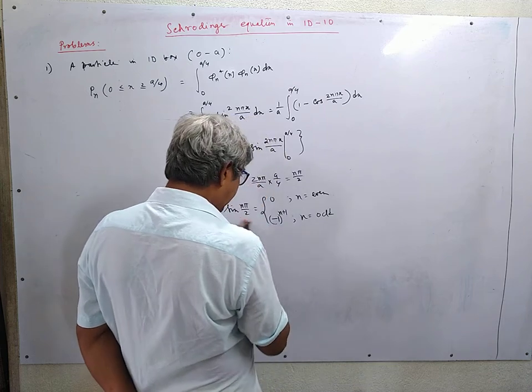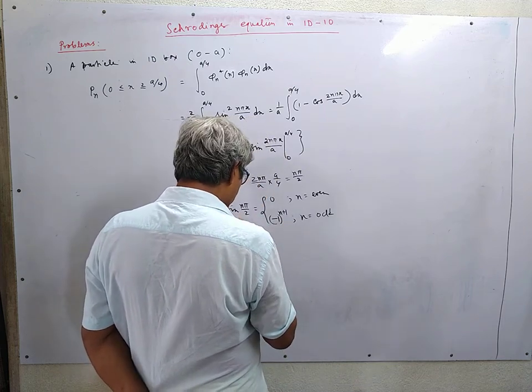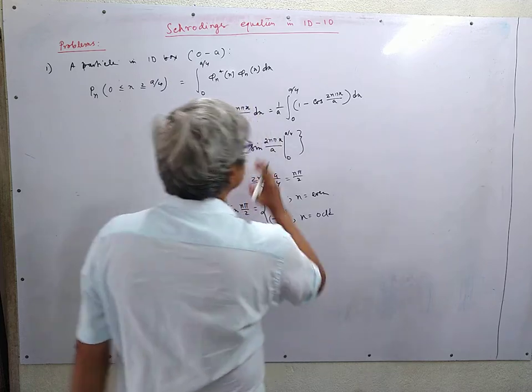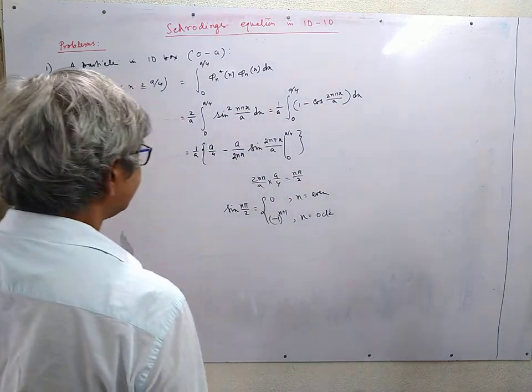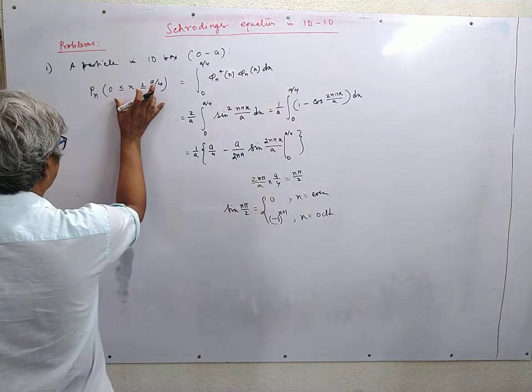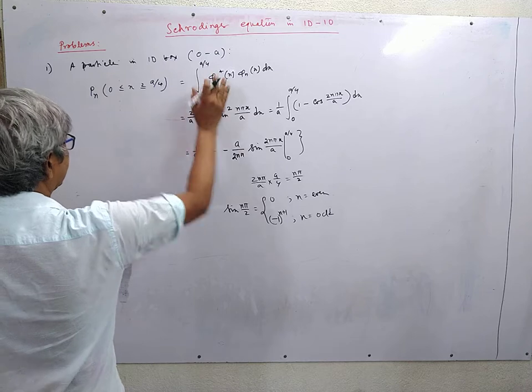That is, for 90 degrees it is 1, for 270 degrees it is minus 1, and so on. And so we get the result. If we are given any range between 0 and A, we can integrate it accordingly.